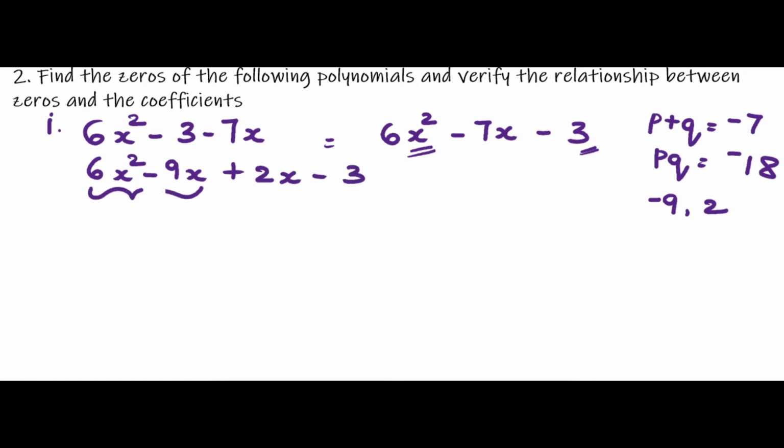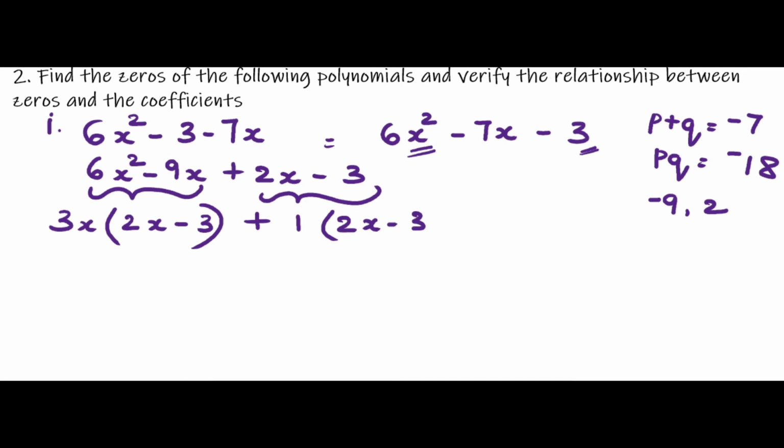Now you can group this into 2, taking the common factor outside. Here 3x is common, so I can take it outside. The remaining term is 2x minus 3. Here 1 is common, so 2x minus 3.